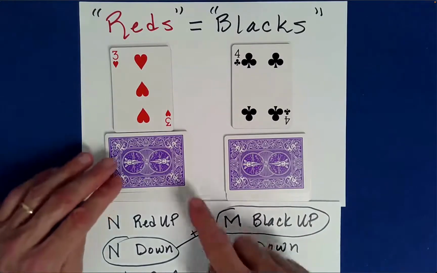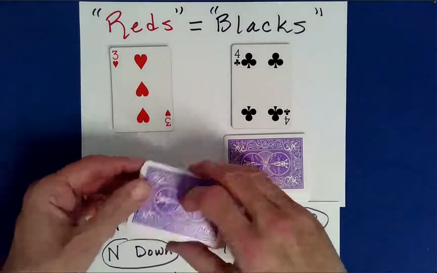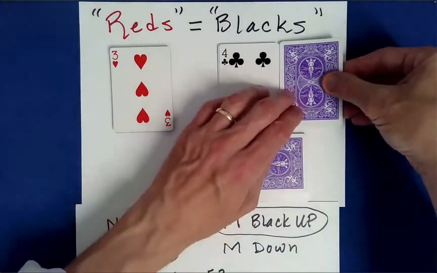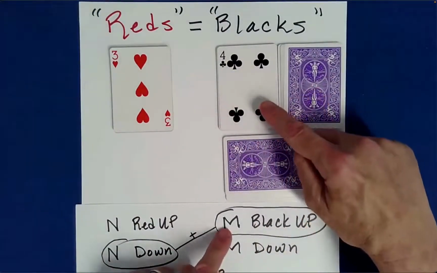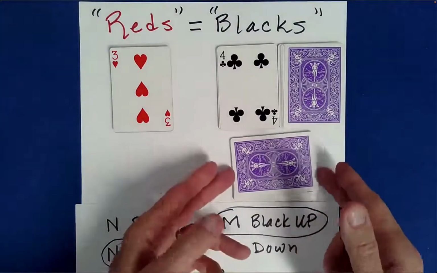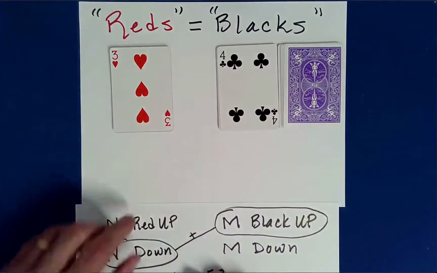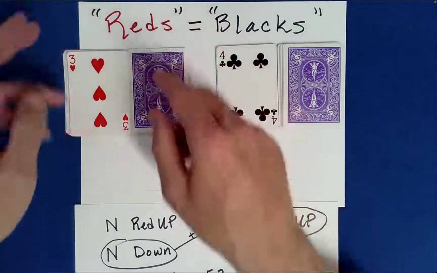So I'm going to take these N cards and I'm going to move them next to the M cards right here, right? And then I'm going to do a similar thing. I'm going to now take these M cards and put them next to the N red up cards, like this.